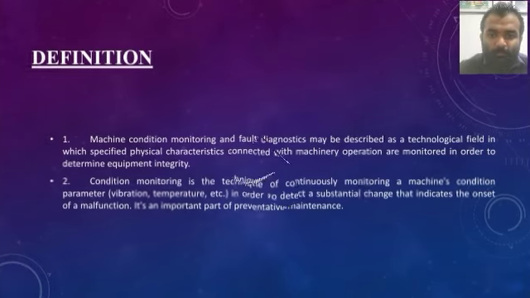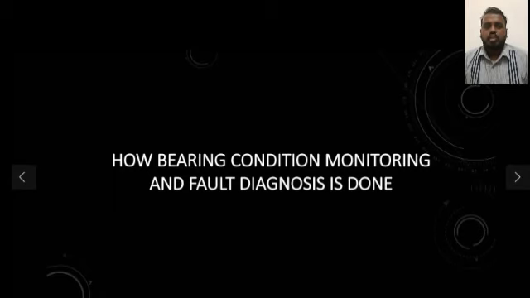Thank you. My name is Piravin Tiran Analaki Sritaran and my matrix number is B0918100023. I will be talking about how bearing condition monitoring and fault diagnosis is done and its importance. There are actually 5 usual condition monitoring techniques and fault diagnosis used for rolling element bearings.